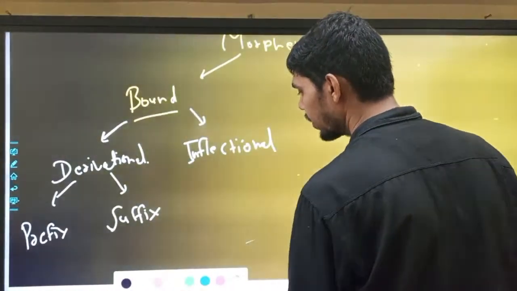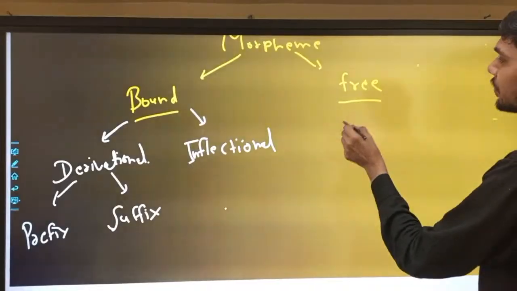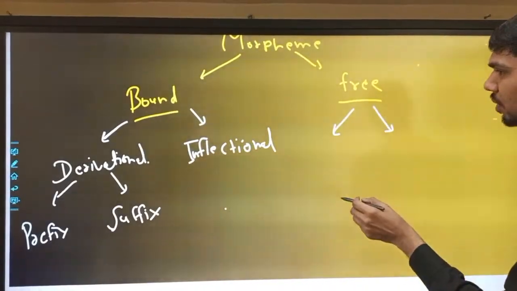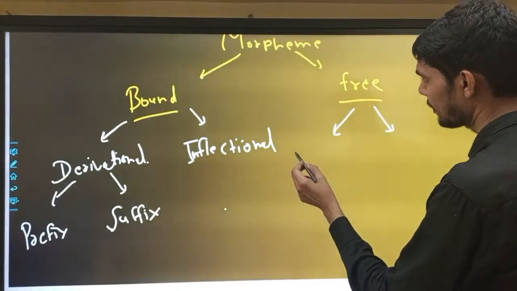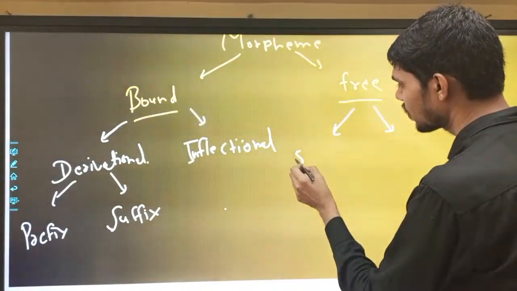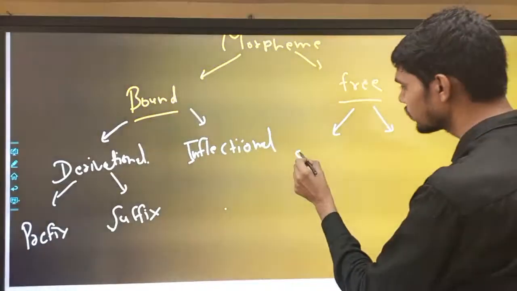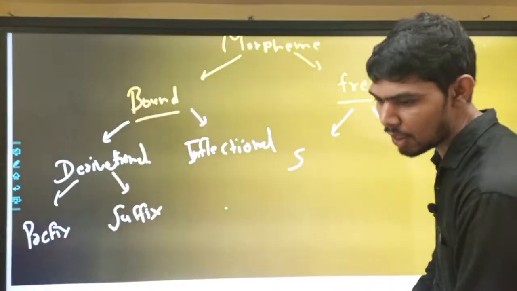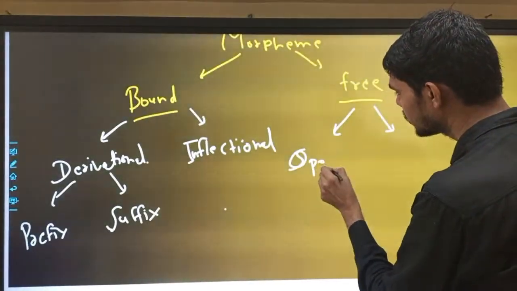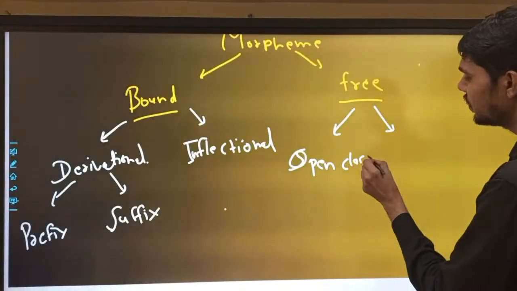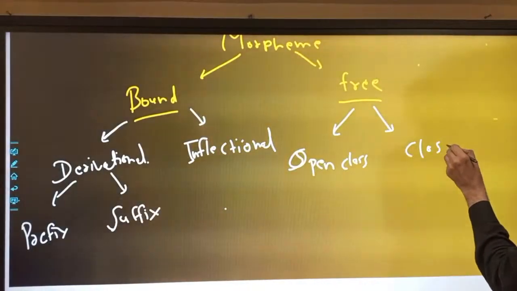Okay, and the free morpheme has two types. First is the open class free morpheme and the second is the closed class free morpheme.